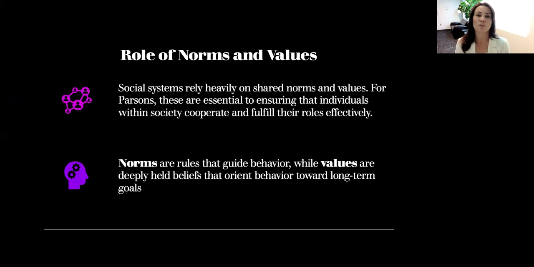So that is a norm. And if you have Sunday dinners, 5 o'clock every Sunday, that is family norms, right? Values are maybe your religion, maybe your belief systems, right? If you have democratic beliefs, that is your value system, right?